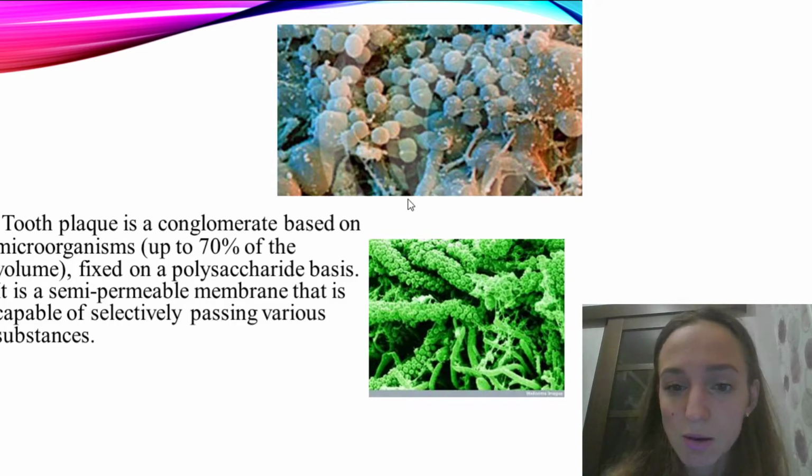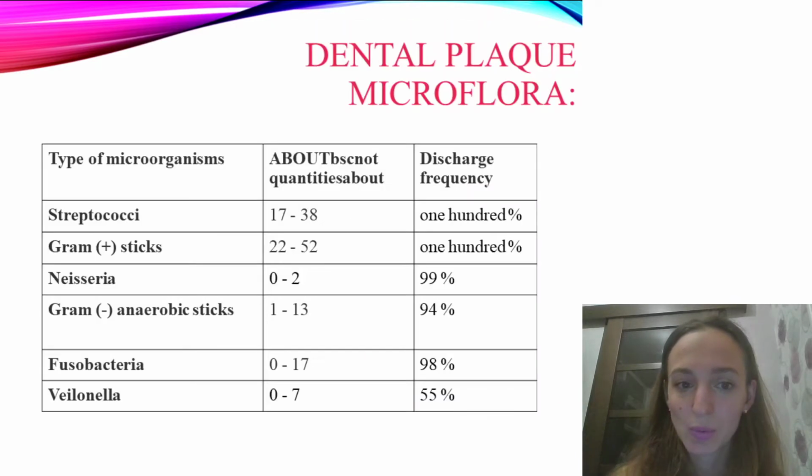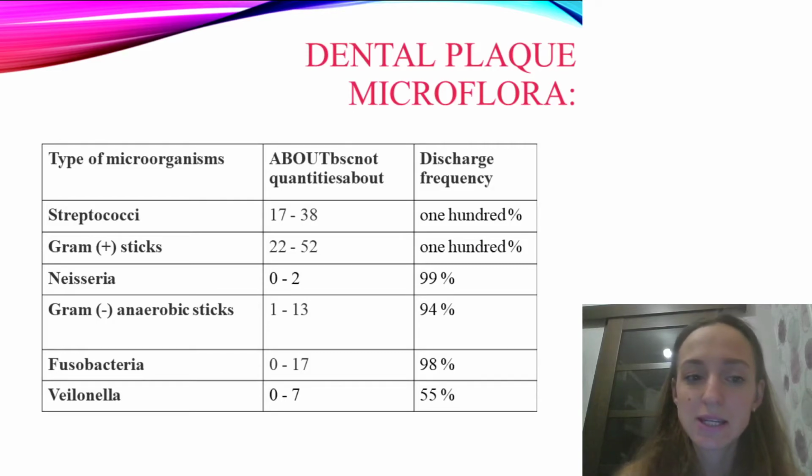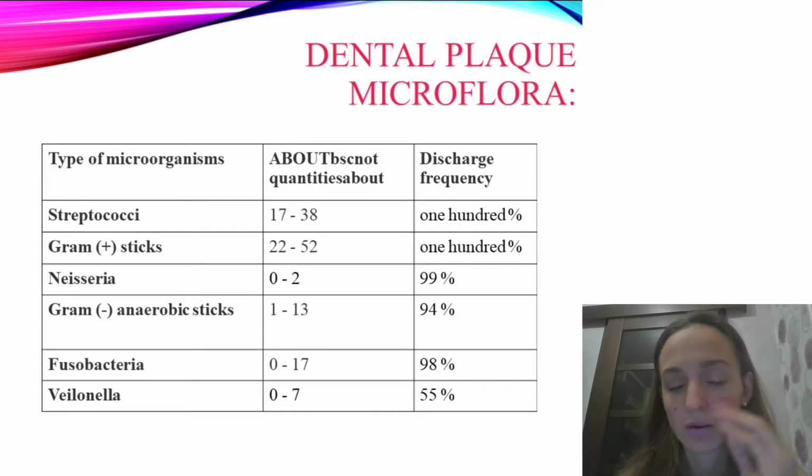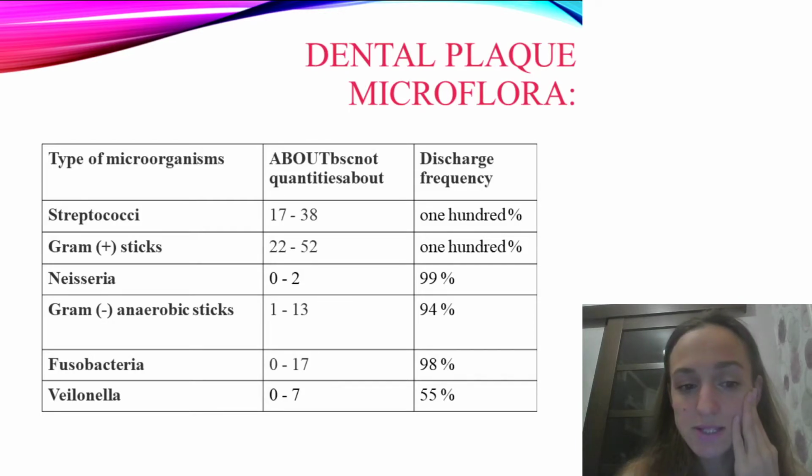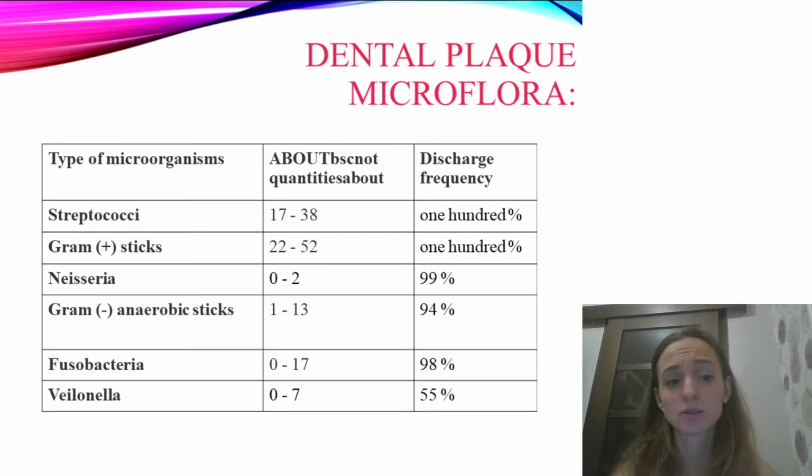So, dental plaque and microflora. Here you can see a table of types of microorganisms and their quantities, and this ratio and frequency. Look please at this table and write in your synopsis. Not a very difficult table, but very informative.